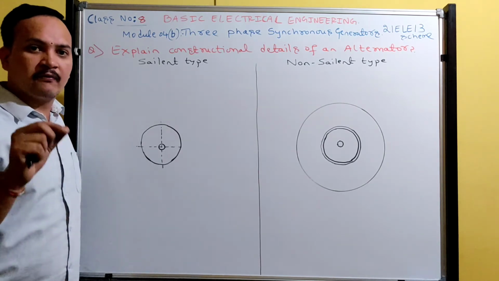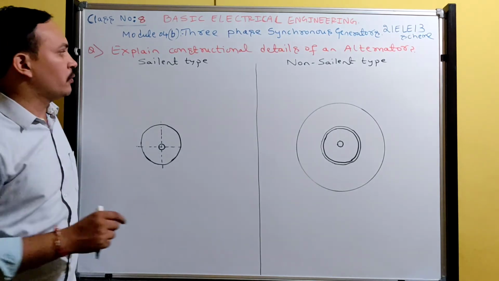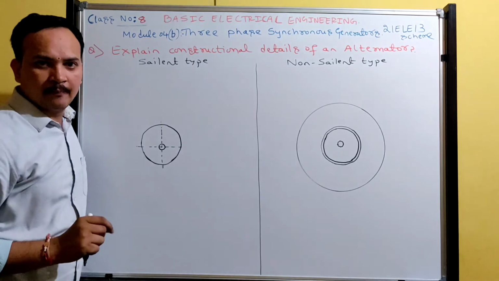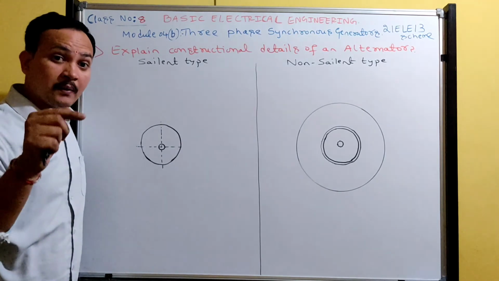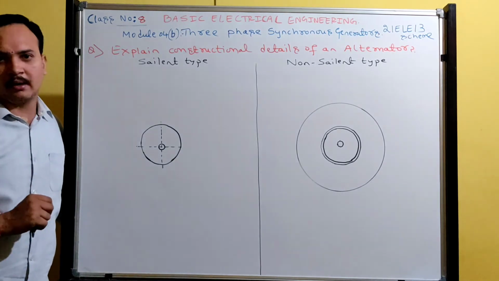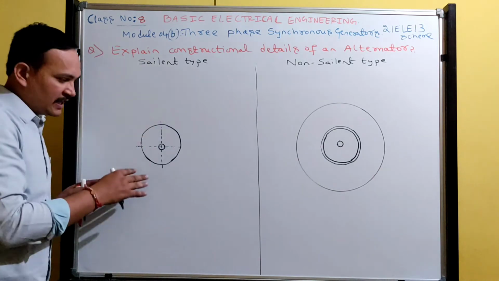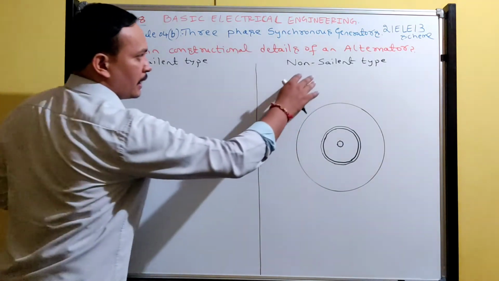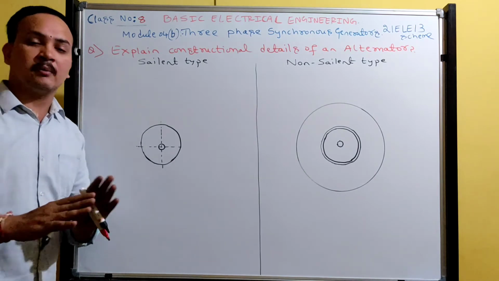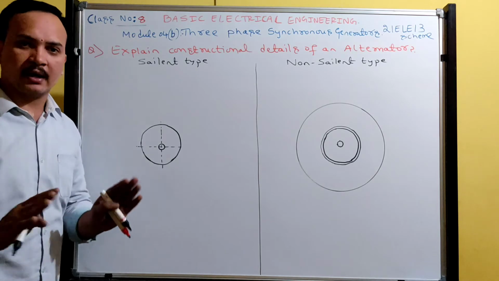Based on the rotating field construction, we have two types of alternator. However, for both salient type and non-salient pole type alternators, the stator construction remains the same. Only the rotor construction is different.